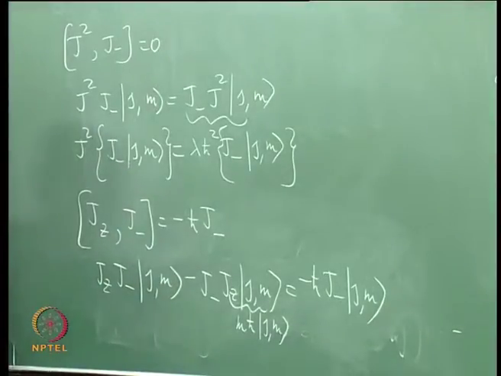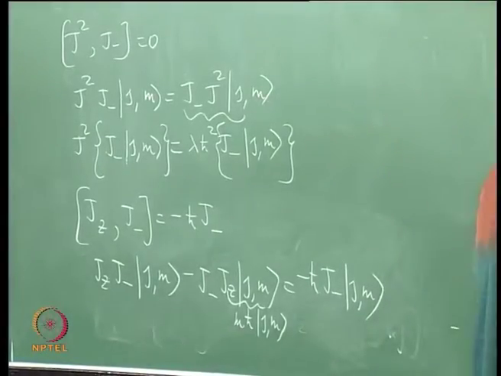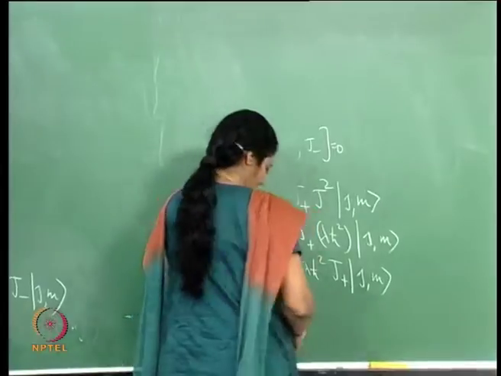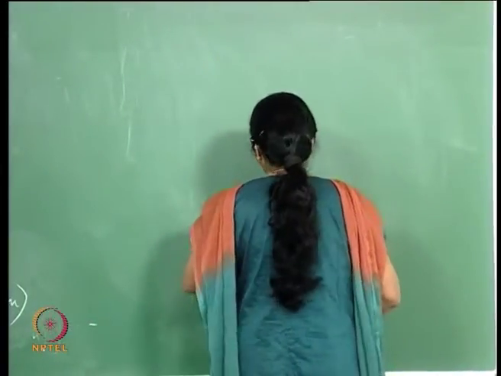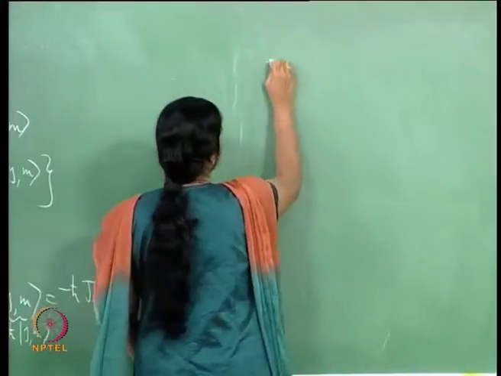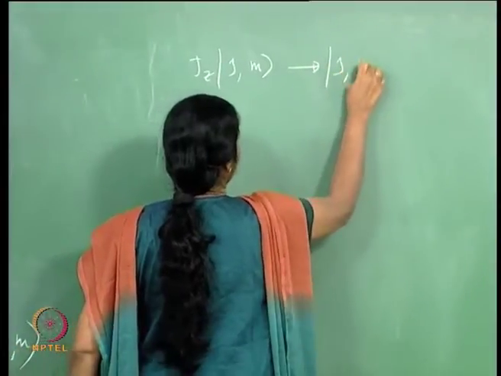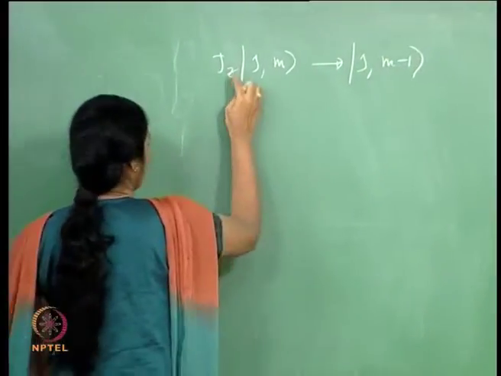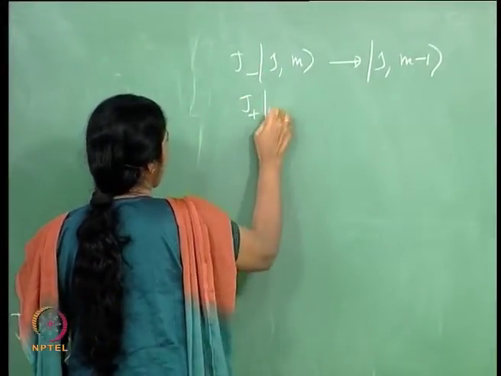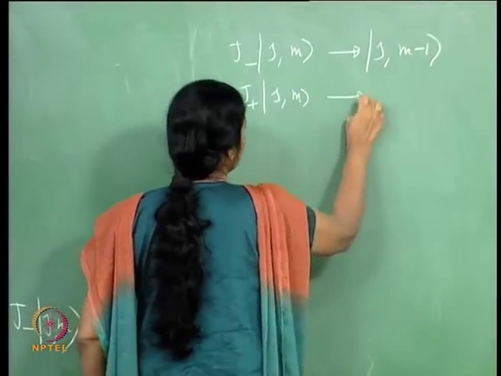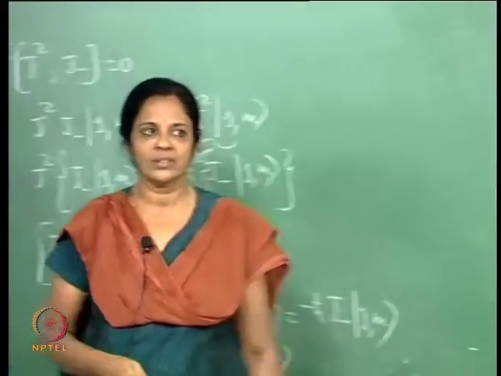It is therefore clear that when J minus acts on the state |j, m>, it reduces the m value by 1, takes it to the state |j, m minus 1>, and when J plus acts on |j, m>, it takes it to a state where the m value increases by 1.